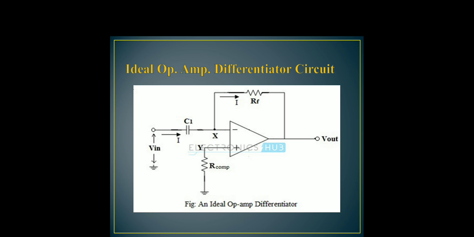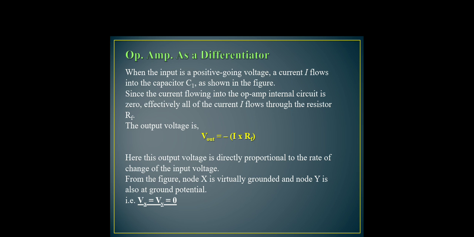Here, output voltage becomes Vout equal to minus I into RF. Minus, because input is provided to the negative terminal of the op amp. Here, I into RF is nothing but the input voltage Vin. So we can say output voltage is directly proportional to the rate of change of input voltage.